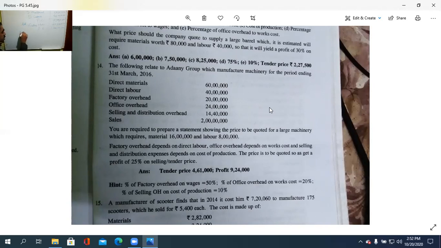Then add office overhead, 24 lakhs. So 1 crore 44 lakhs. This is the office cost. And selling and distribution overhead, how much is it? 14 lakh 40,000.